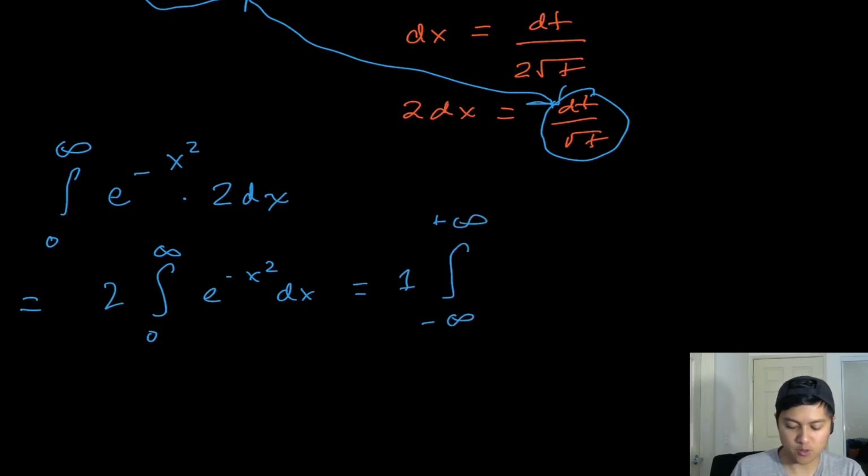So we're going over the entire x-axis, and we get the integral of e to the minus x squared dx, which, as you know from above, is our Gaussian integral that was disguised this whole time, and so we know that the answer is root pi.